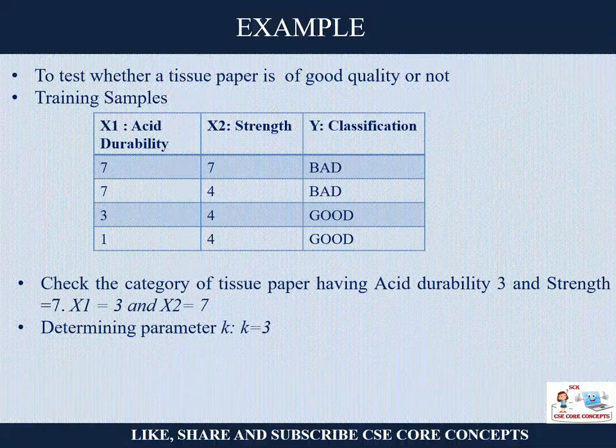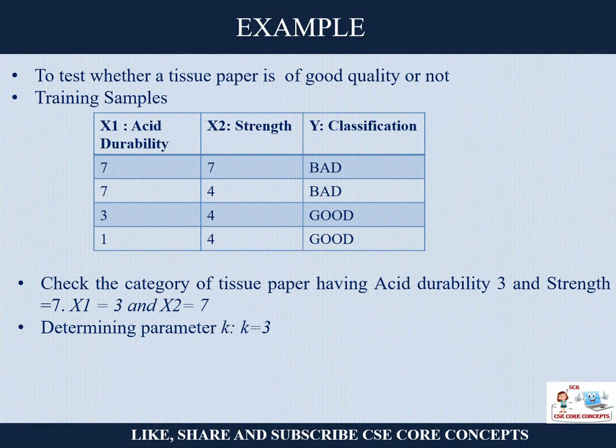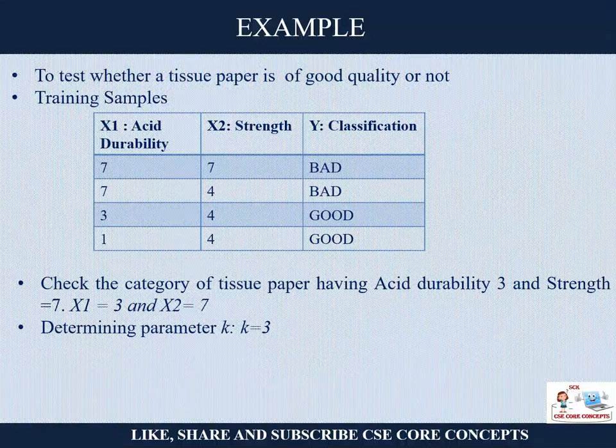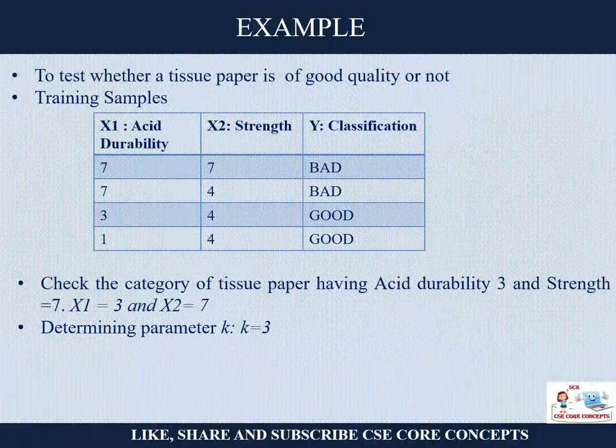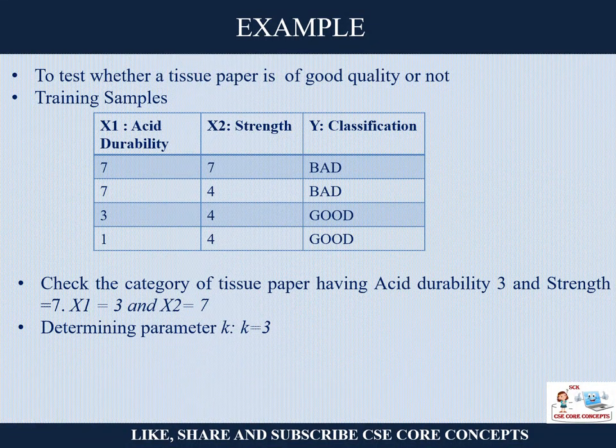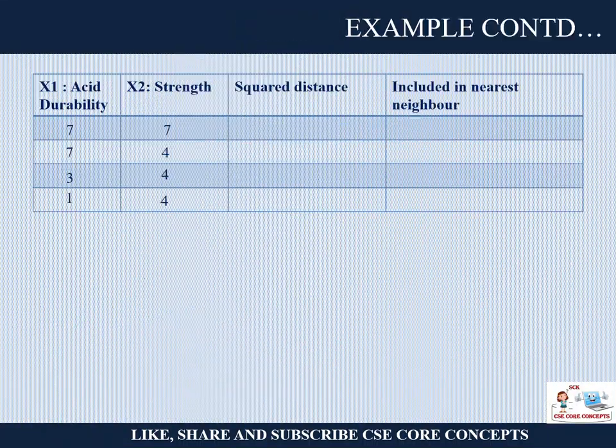Your test data is 3 and 7. So you find the Euclidean distance between 3, 7 and the first training value, 7, 7. Then find the Euclidean distance between 3, 7 and 7, 4, the second row, and so on.